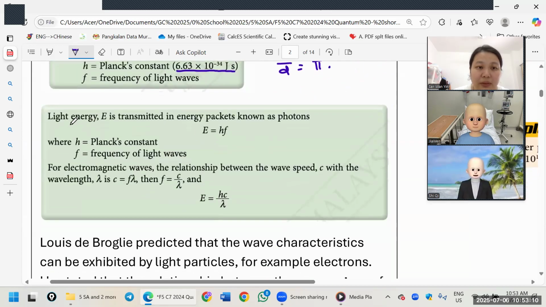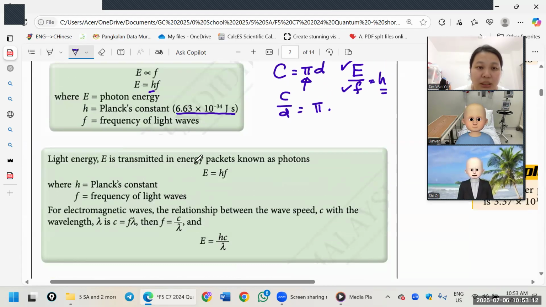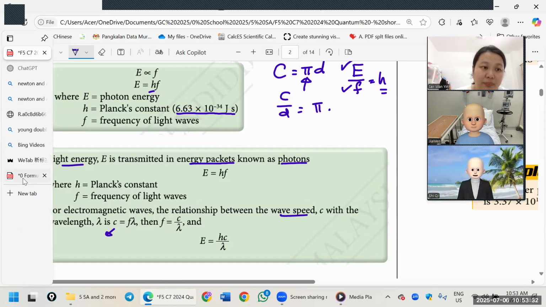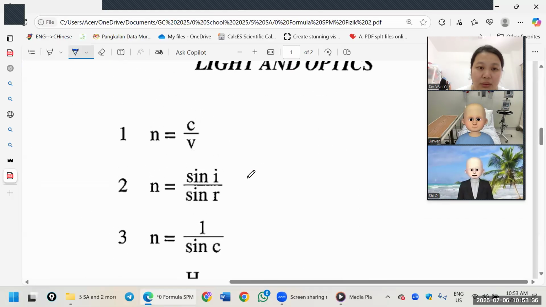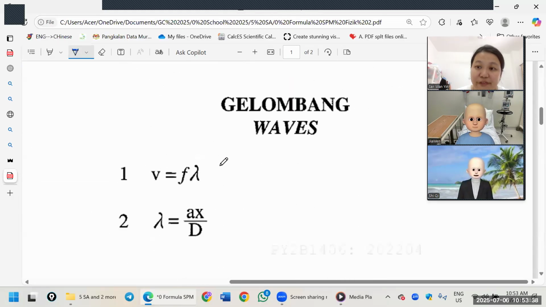Next, light energy E is transmitted in energy packets known as photons, so E equals hf. Photon is light energy. For an electromagnetic wave, the relationship between wave and speed comes from Form 4 chapter 5: v equals f lambda.